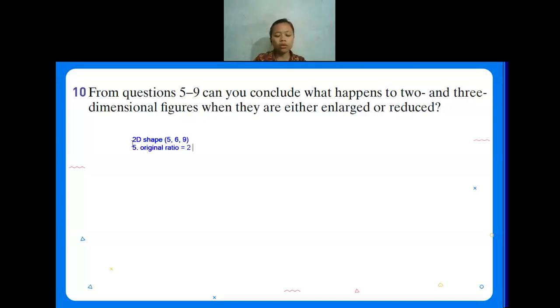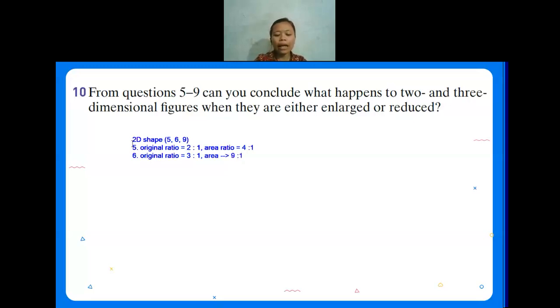And then for the area, the ratio now becomes 4 to 1, right? For question 6, the original ratio is 3 to 1, and then for the area, the ratio will be 9 to 1.